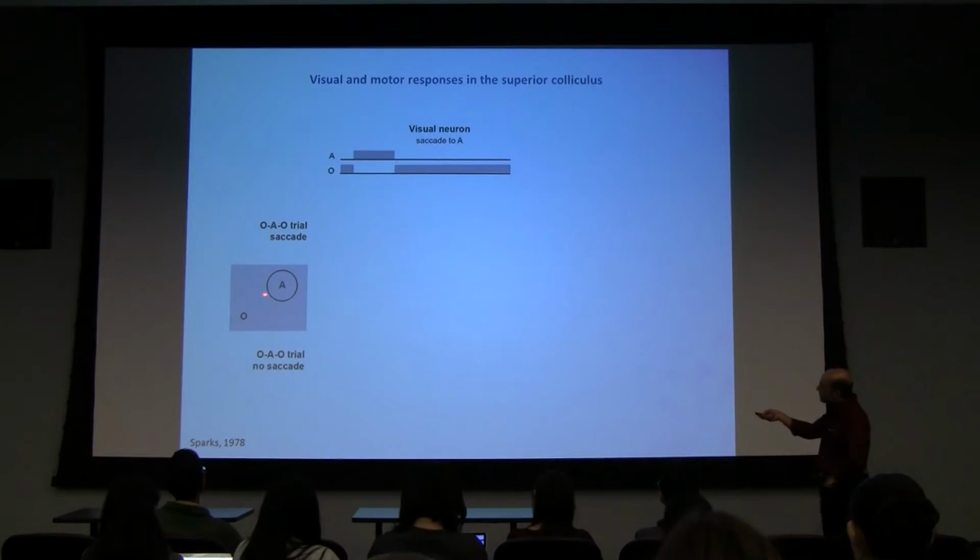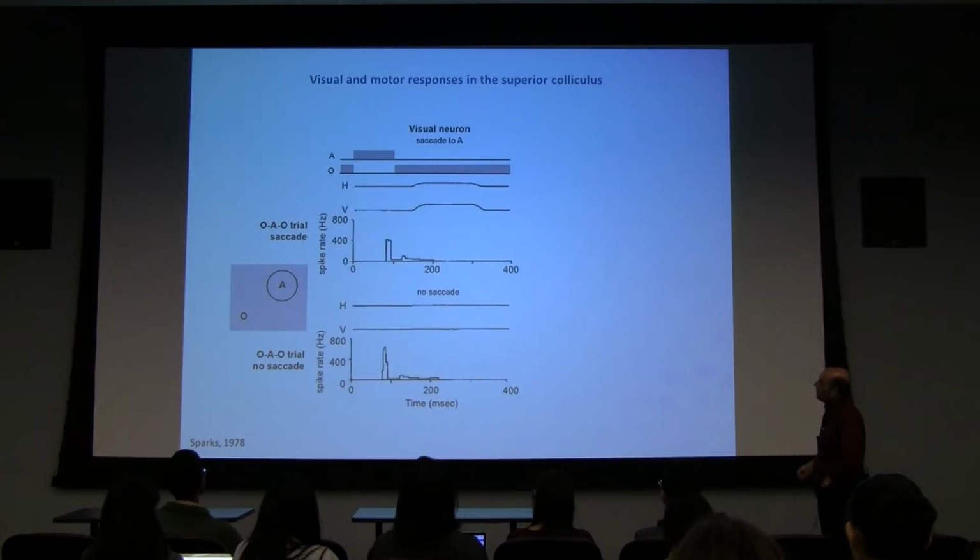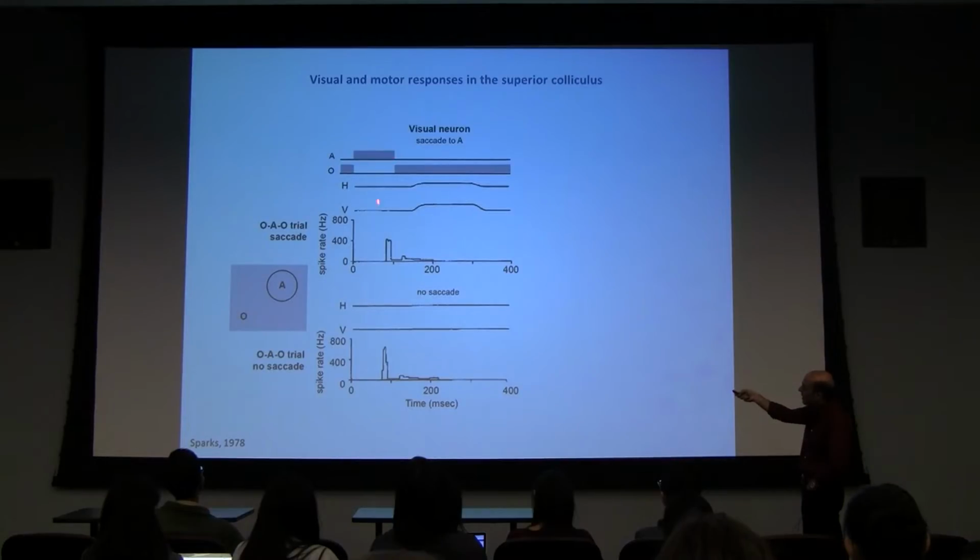The receptive field of this cell is here. So when the animal is looking here, not much is happening. As soon as this stimulus A is flashed, here's the duration where that stimulus is on the screen, about 80 milliseconds after that appears on the screen, you see activity in this cell.